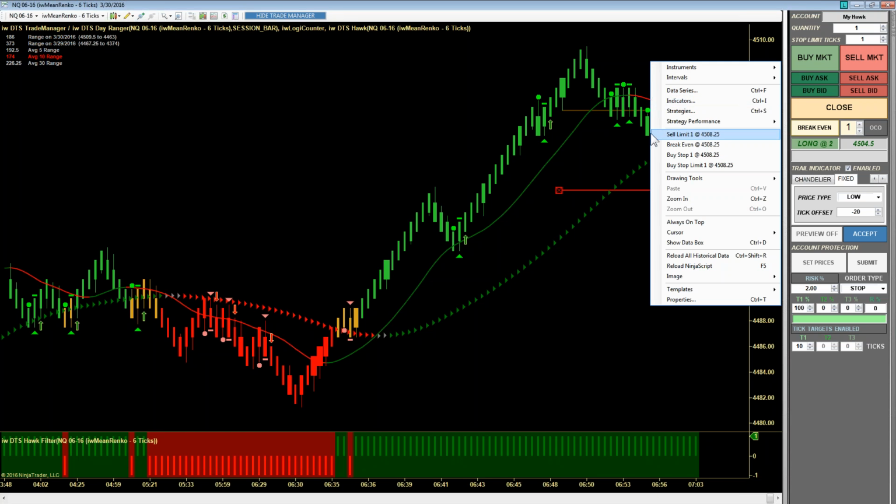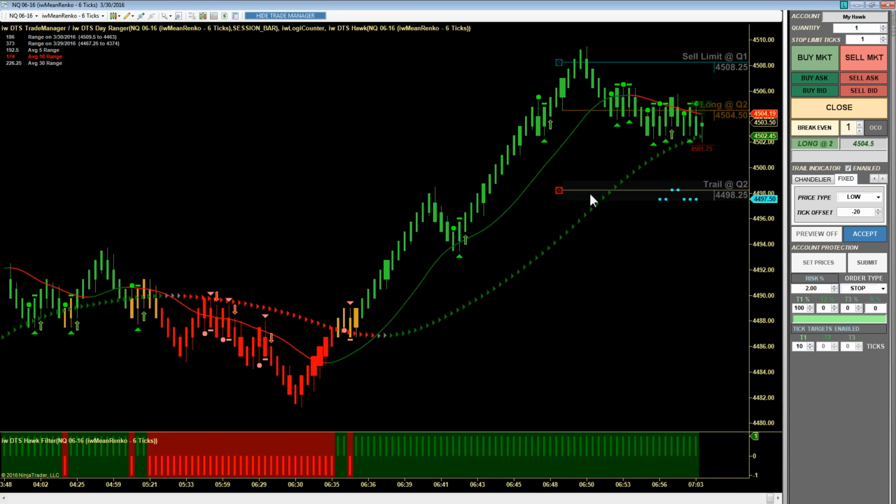So let's say I choose to sell off one of my positions at 45.08. With the E-mini, it would be an all or nothing proposition, right? Do I take profit on target? Do I try to run it out? What do I do?